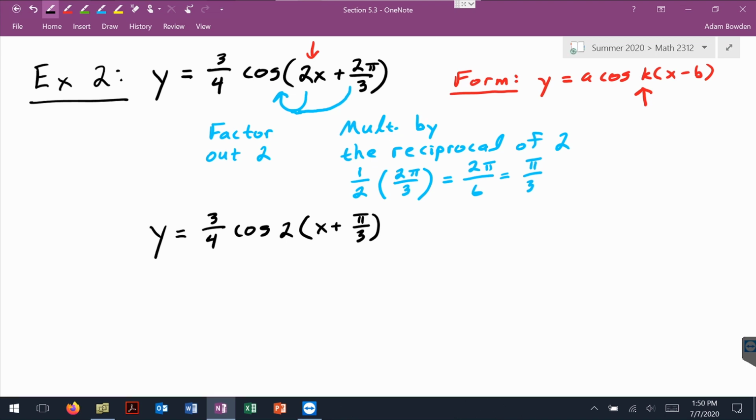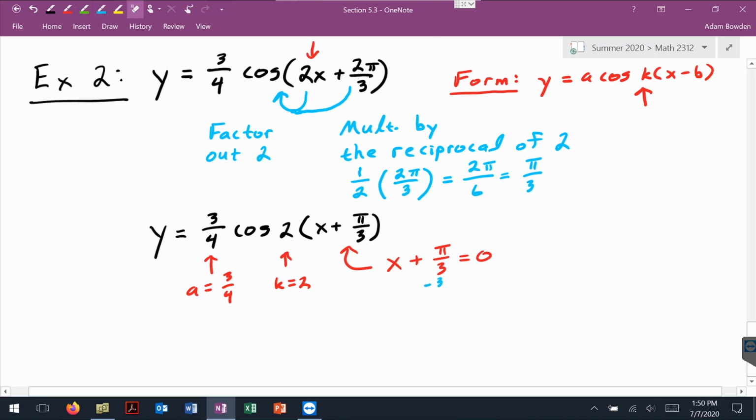Now we can say what the a, k, and b are going to be equal to. A is the number in front, so that's the 3 over 4. K is going to be equal to the 2 in front of the parentheses. Now let's determine what b is equal to. Let's take what's in the parentheses and set that equal to 0.